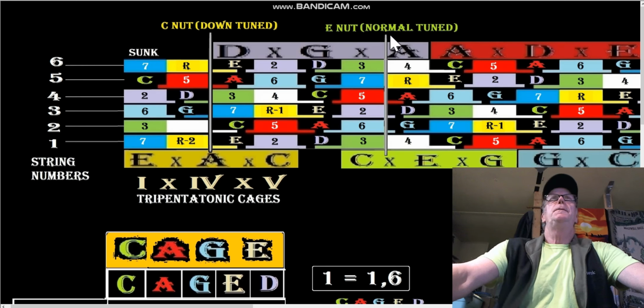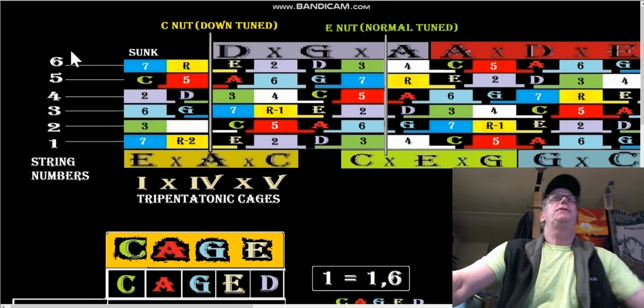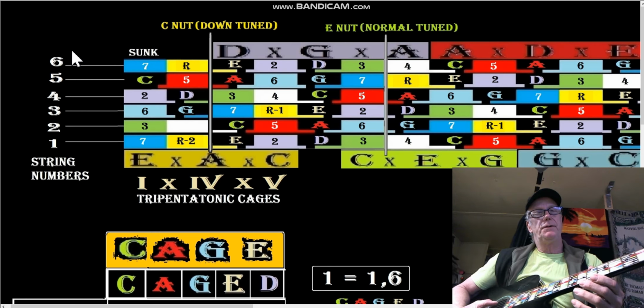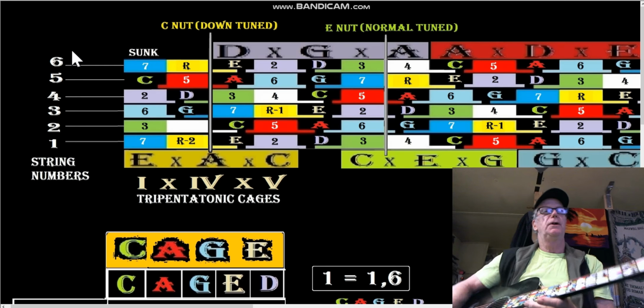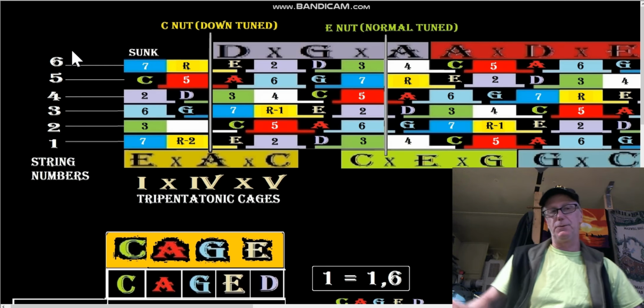So my numbering convention is 1, 2, 3, 4, 5, 6, and I'm just going to play those strings. 1, 2, 3, 4, 5, 6. I already tuned up today as good as I care to.